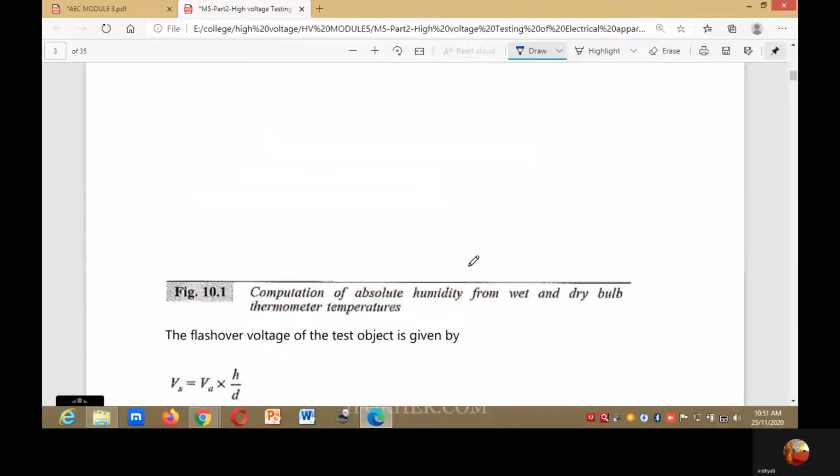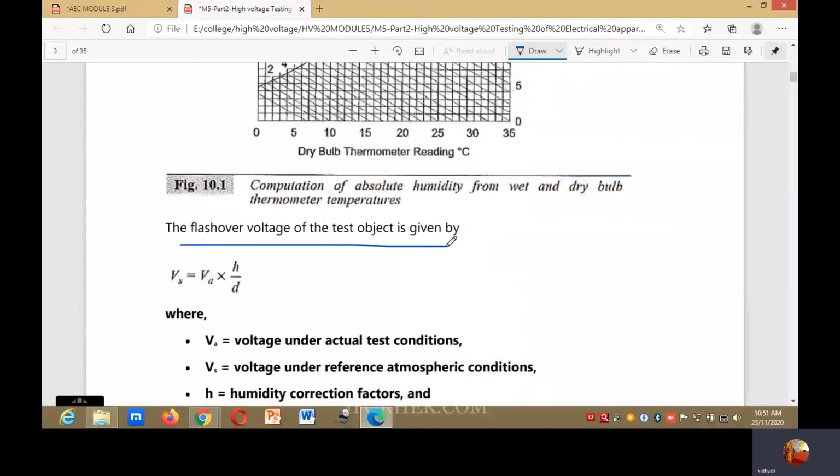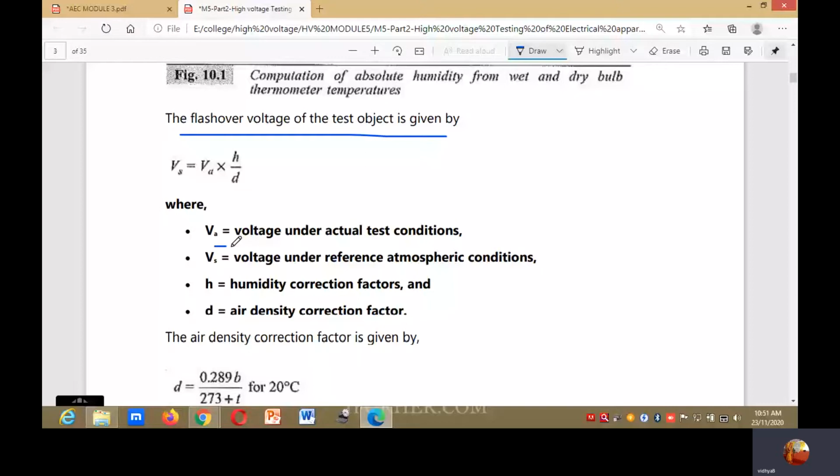The flashover voltage of the test object is Vs equal to Va into H divided by D, where Va is the voltage under actual test conditions, Vs is the voltage under reference atmospheric conditions, H is the humidity correction factor, and D is the air density correction factor.